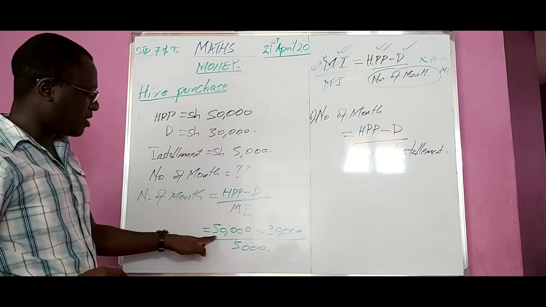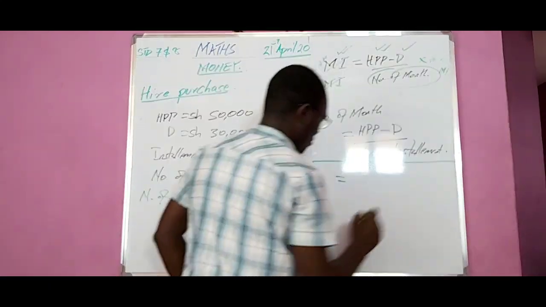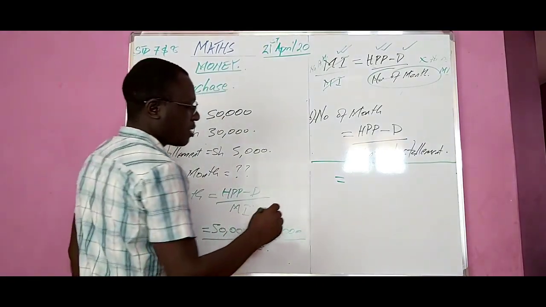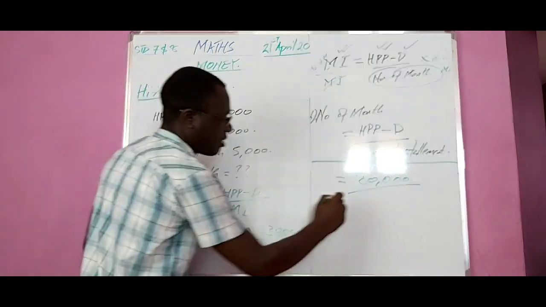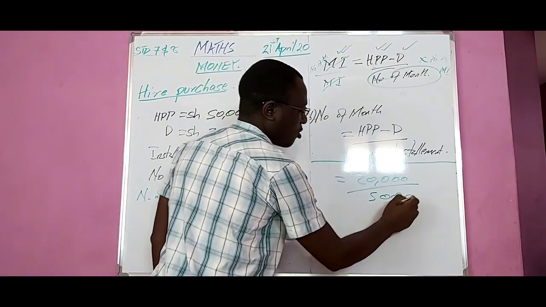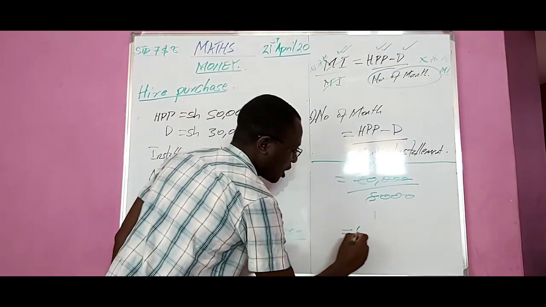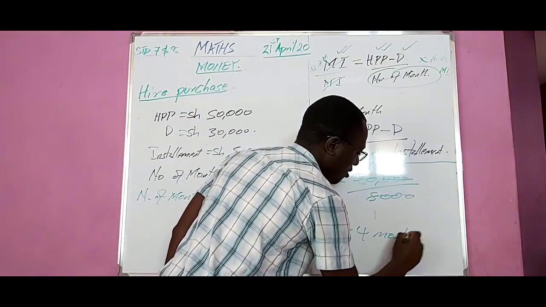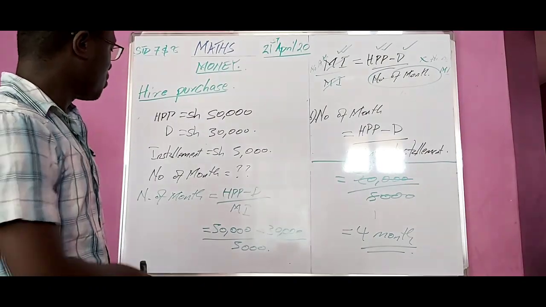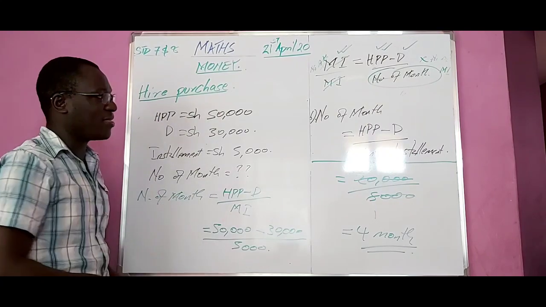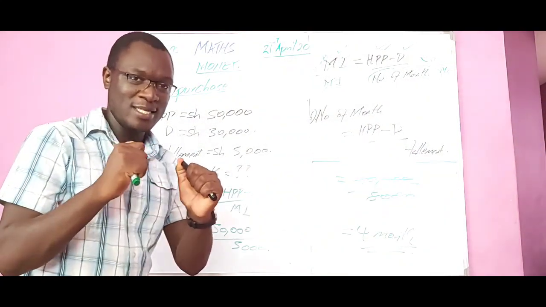We have 50,000, take away 30,000. We are going to have 20,000. Divide by 5,000. 3 zeros with 3 zeros. 5 here 1, 5 here 4. So total time is 4 months. With that one, you have answered the question, the number of months. And that was our fourth type of question under hire purchase.